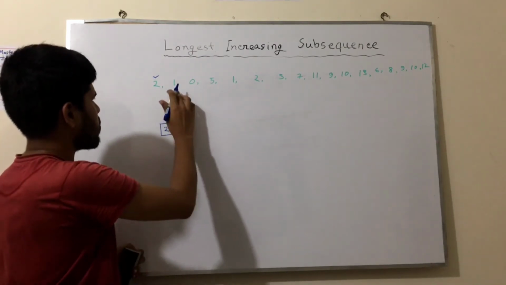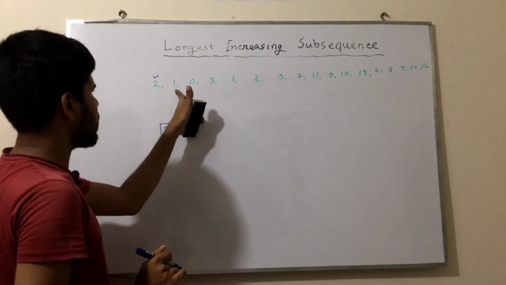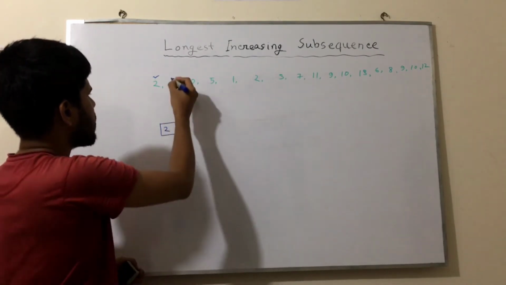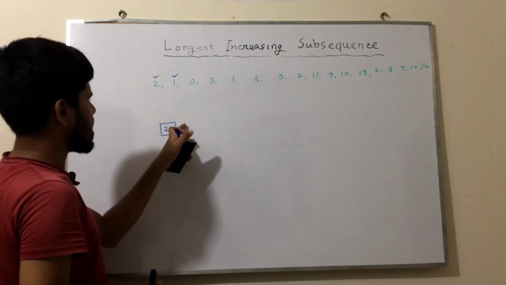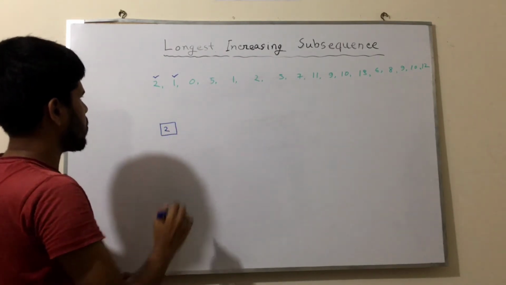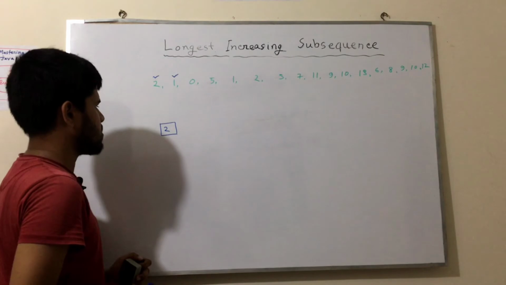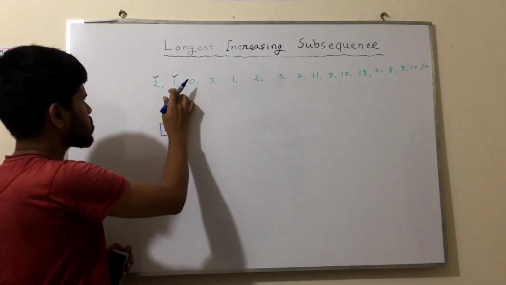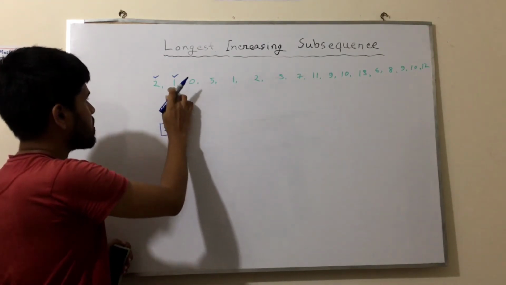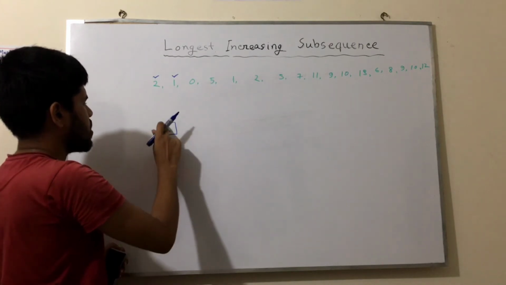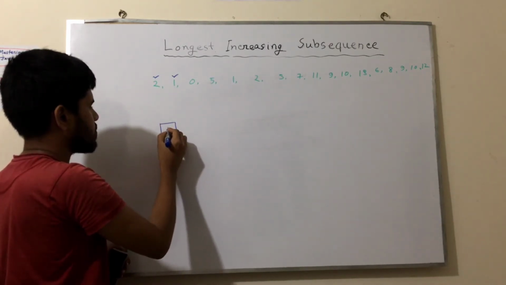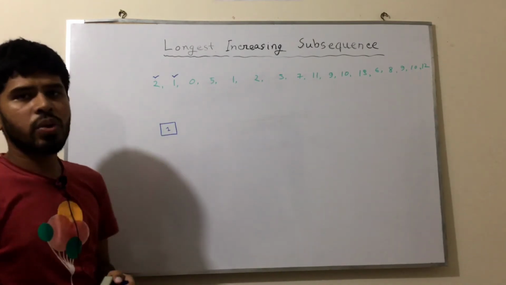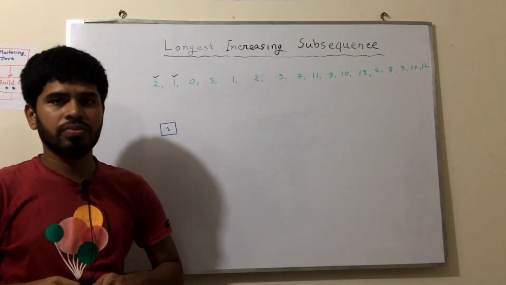Okay, now we have 1. Now our current element is 1. We see we cannot add 1 right here. 1 is not greater than the last element. So I'm going to update the immediate next of 1, that is 2. Let's update this value with 1. Why are we updating this value with 1?